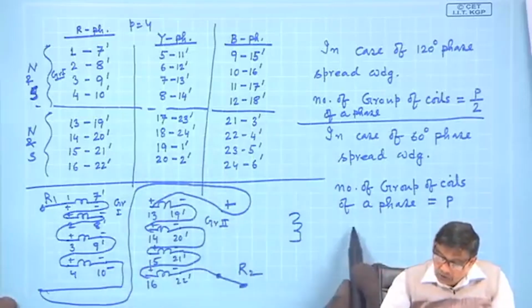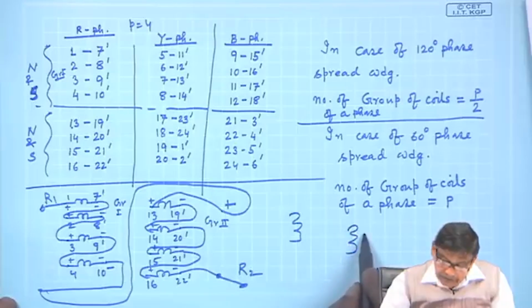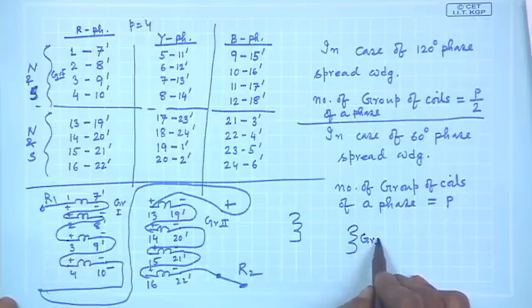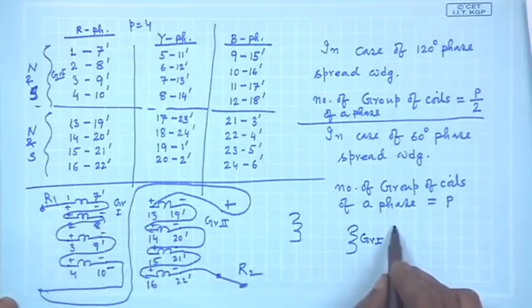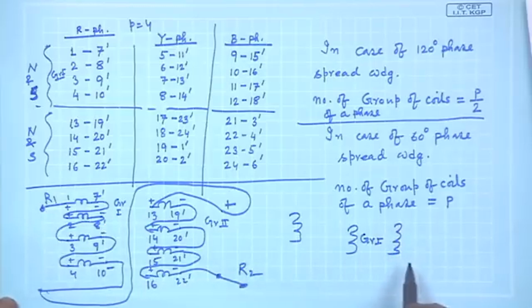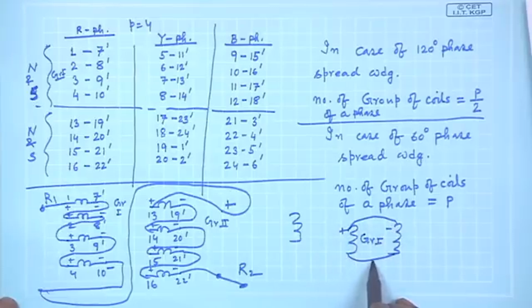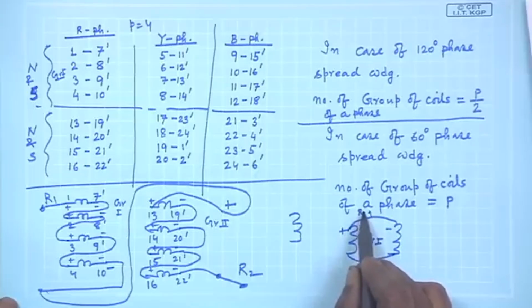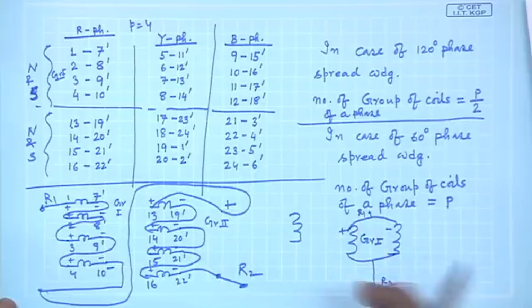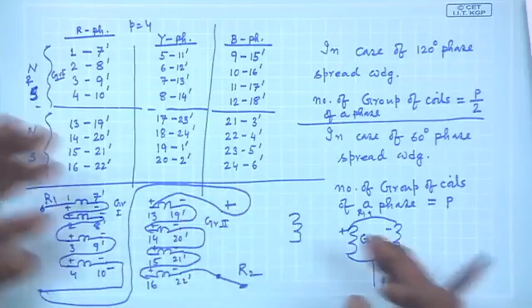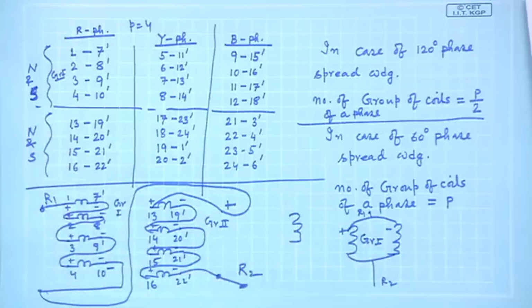So, group 1 and group 2 may be connected in parallel, why not? And say this is your R 1, this is your R 2. Parallel connection requires that voltages at all times must be same and connect the like terminals, but do not connect plus with minus and minus with plus, then there will be internal short circuit of those two group voltages.